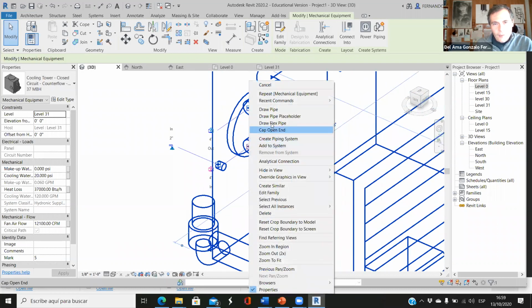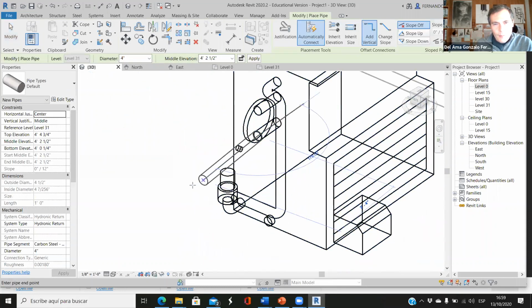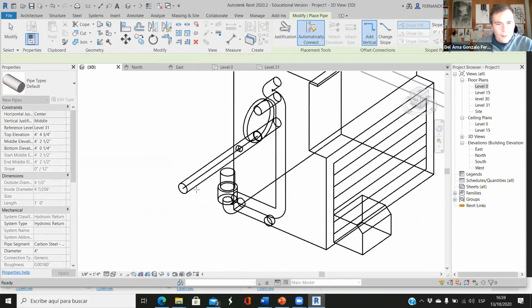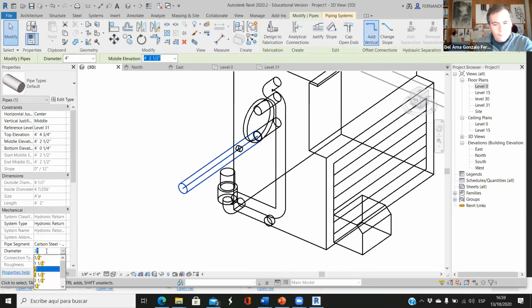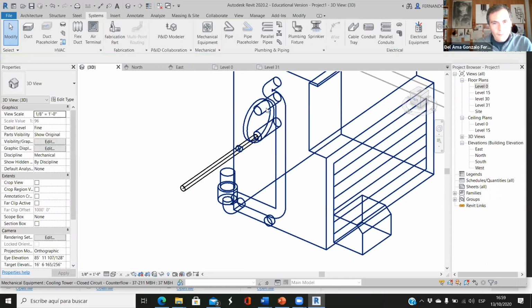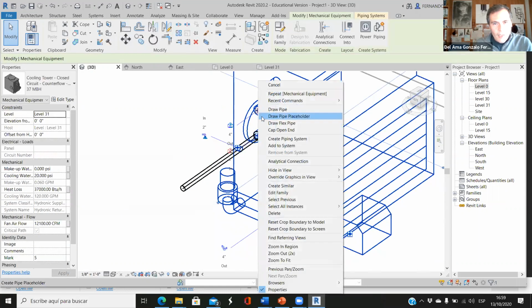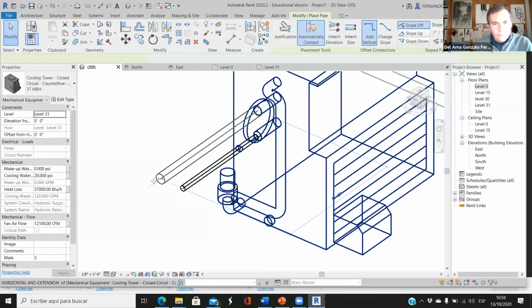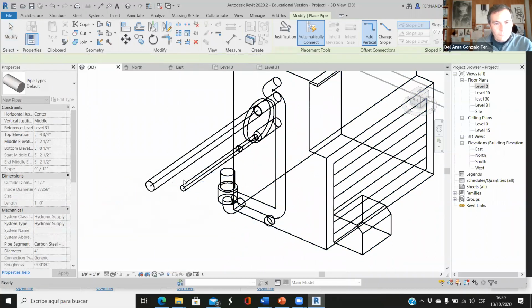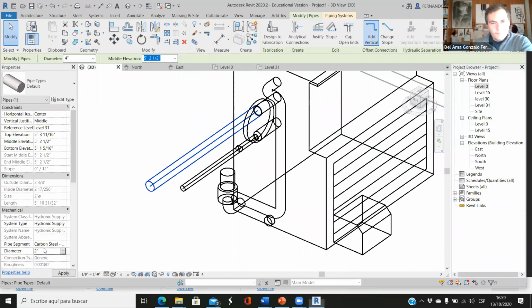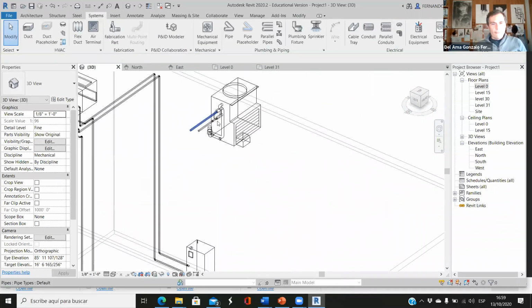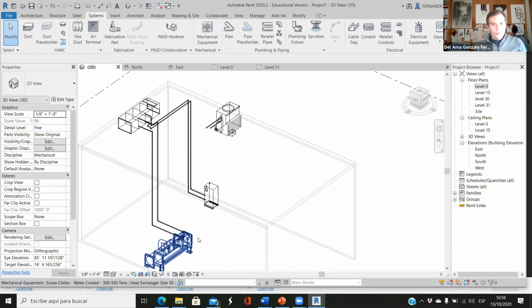Okay, so again, from these two, we need to draw a pipe. To be consistent, let's make it 2 inches. From this one, we need another pipe. And 2 inches. And now we have to connect this to the boiler. To the boiler, sorry, to the chiller.